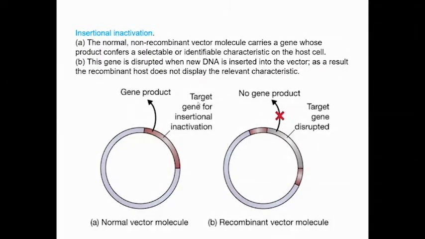And then, as I mentioned yesterday, we will discuss further insertional inactivation. On the left, this is a normal vector molecule. On the right, that's the recombinant vector molecule. For the recombinant vector molecule, you introduce the target gene, a piece of DNA of interest, into the vector, into this gene, because the gene has a cloning site.